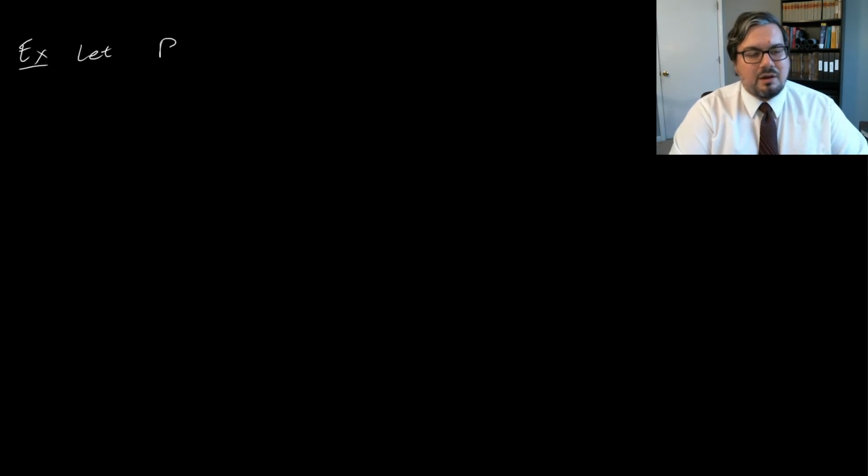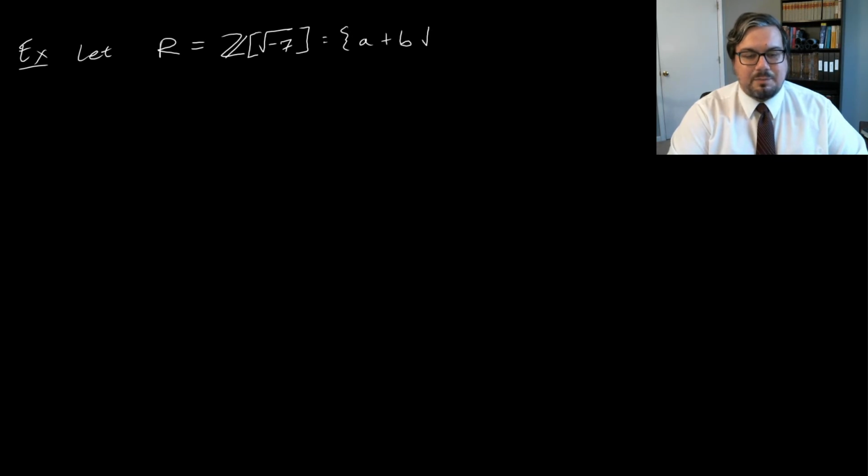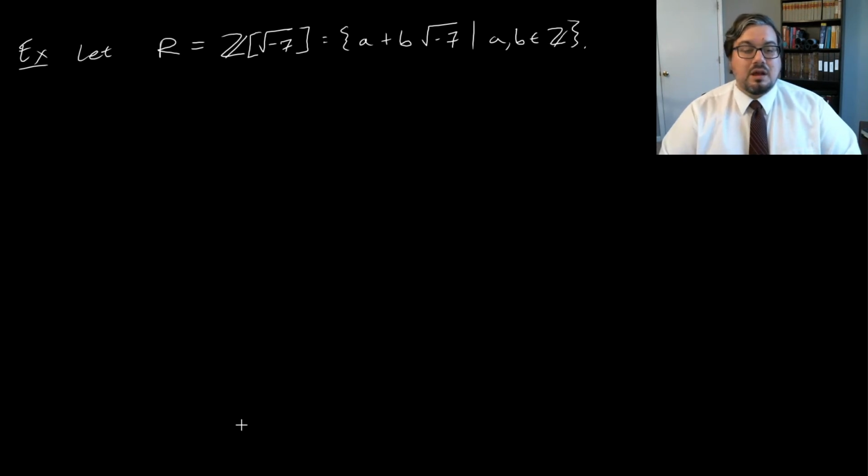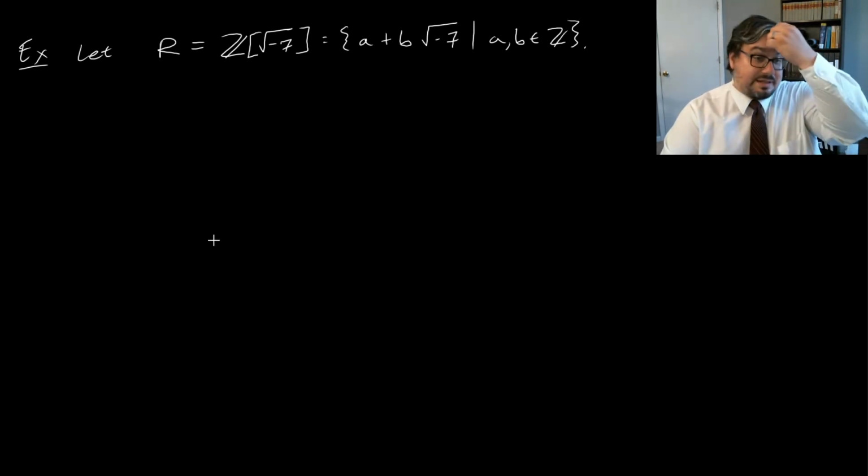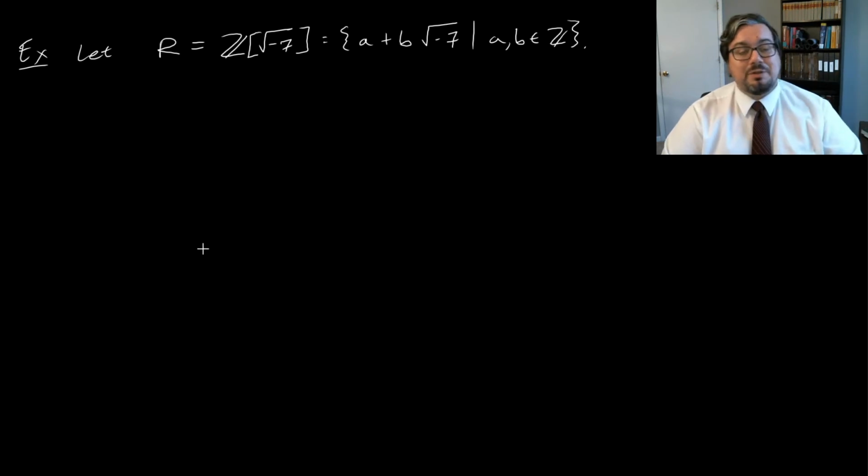So let's let R be the ring Z adjoining the square root of -7. And remember, the elements of this look like A plus B times the square root of -7, where A and B are integers. We already saw that in this ring, prime and irreducible elements are different.